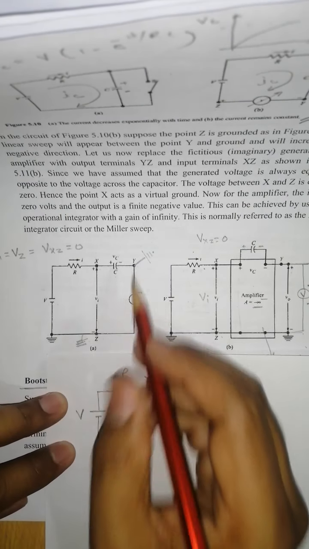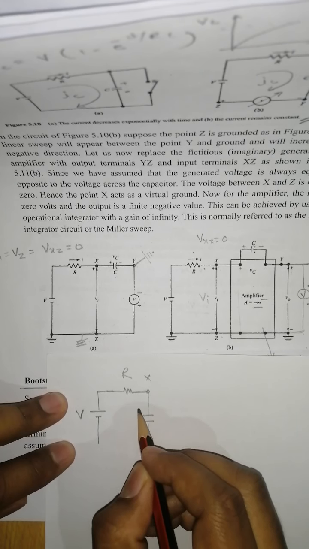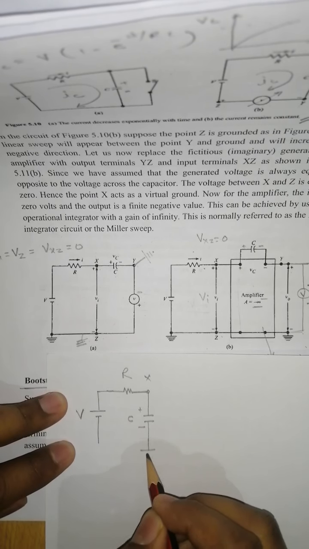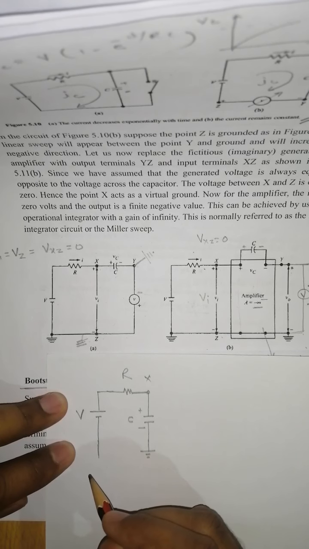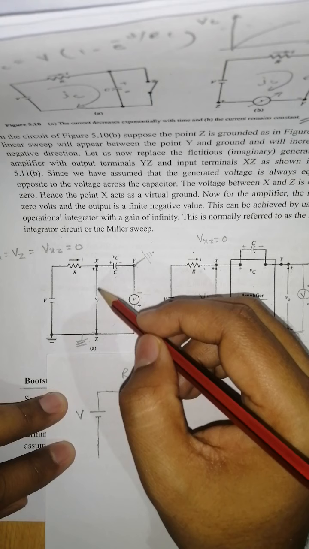Between X and Y there is a capacitor C, and this Y terminal is grounded. So this is the input section of this circuit.